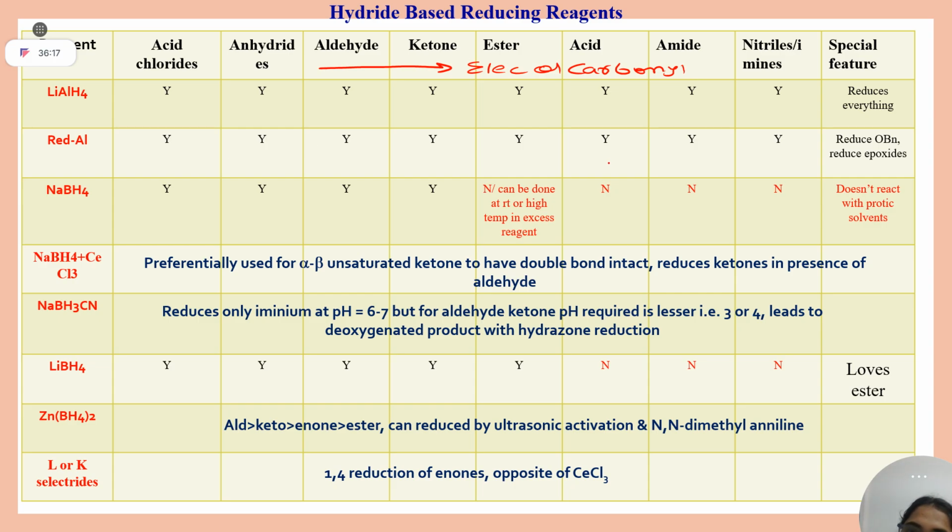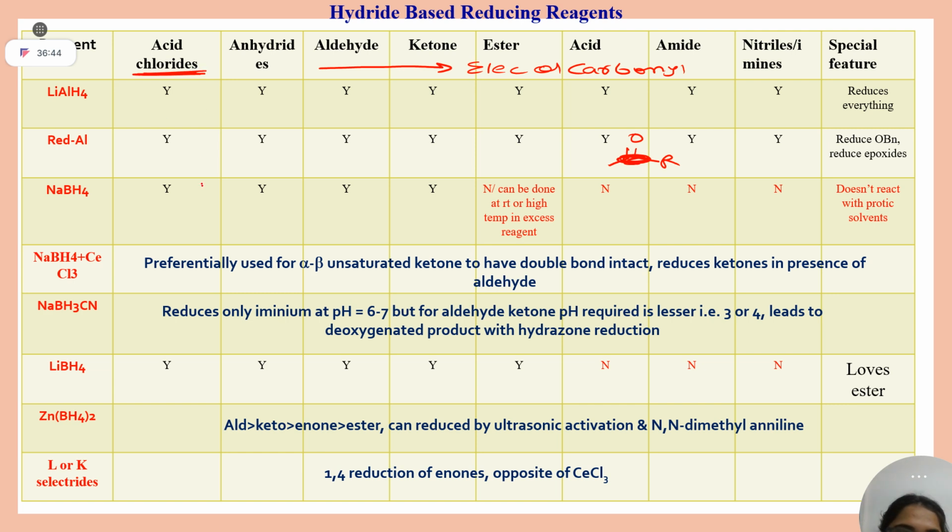For example, you have this COR. If this R group is Cl, chlorine has a minus inductive effect, yes or no? So it will make this carbonyl carbon more electron deficient. So that's why it comes ahead of all the carbonyl compounds.